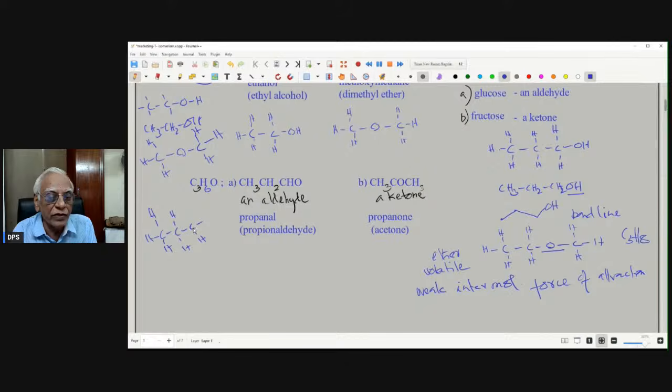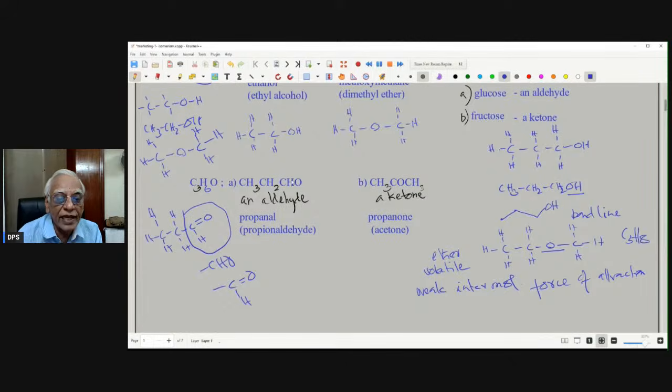Now we have to account for the valency of the carbon. We have satisfied only 2 valencies. Now we have to satisfy 2 more valencies. So hence we put a double bond, and this is called an aldehyde group. The structure of an aldehyde is C single bond hydrogen, double bond O.